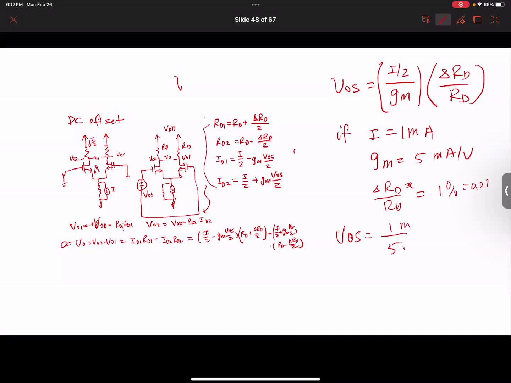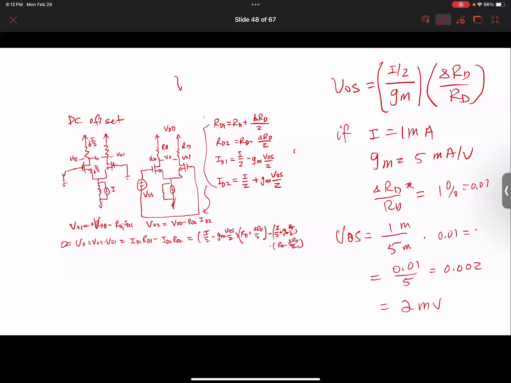Again, they're both milli, so the milli will cancel, 0.01. So this becomes 0.01 divided by 5, which becomes 0.002. This is only 2 millivolts.